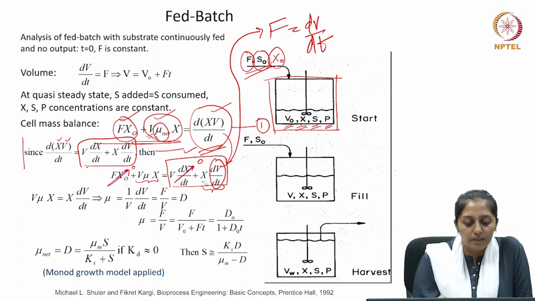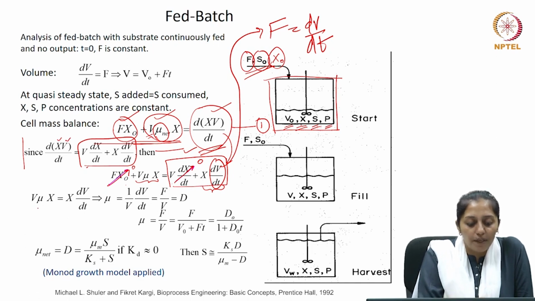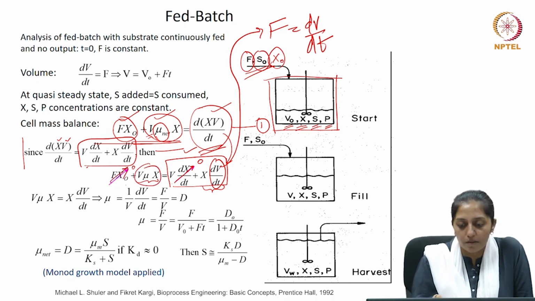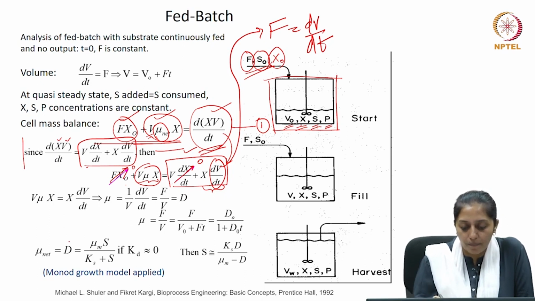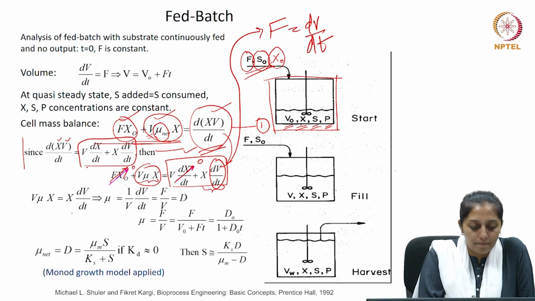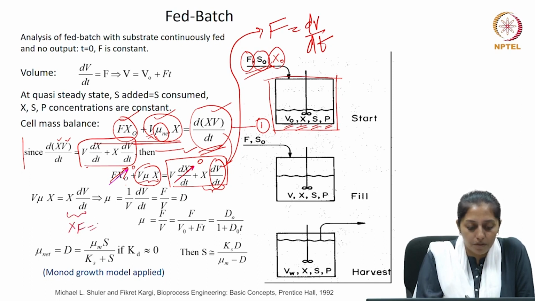So, this equation, and also V mu x, which is here. Let us substitute. So, this becomes x times F, which is equal to V mu x.